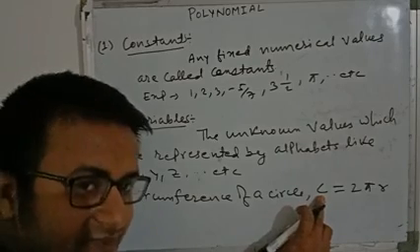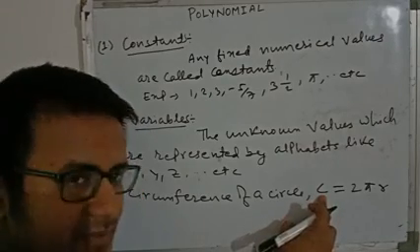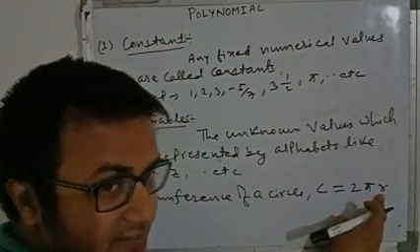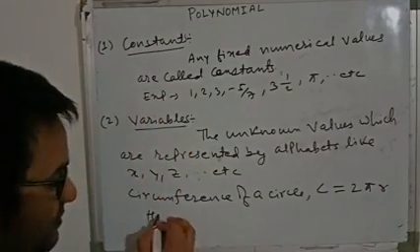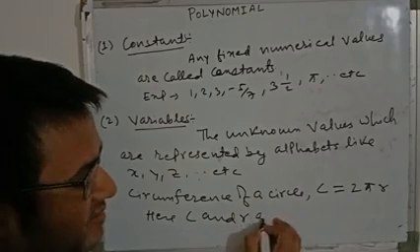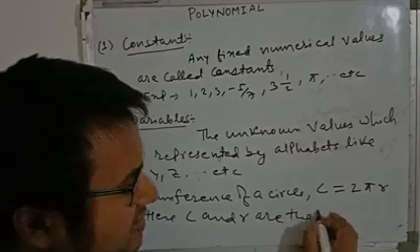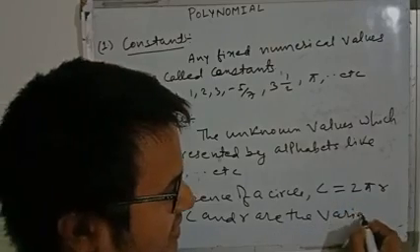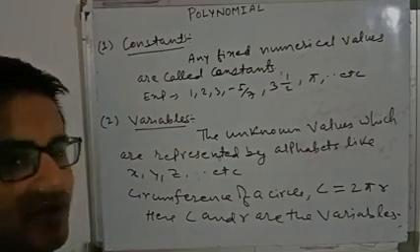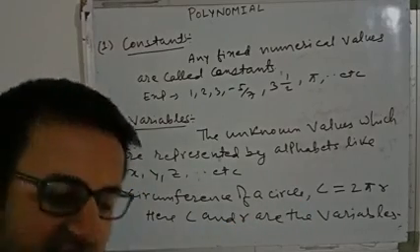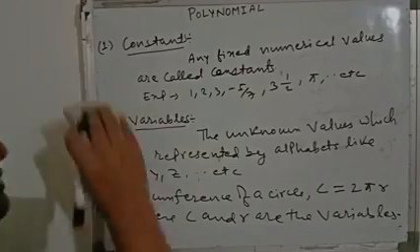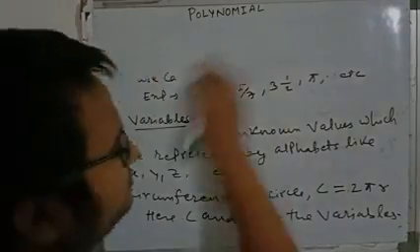Here C is a variable because we don't know the value of the circumference, and the radius r is also a variable. So here C and r are the variables. Variables means these unknown values are called variables in algebra.